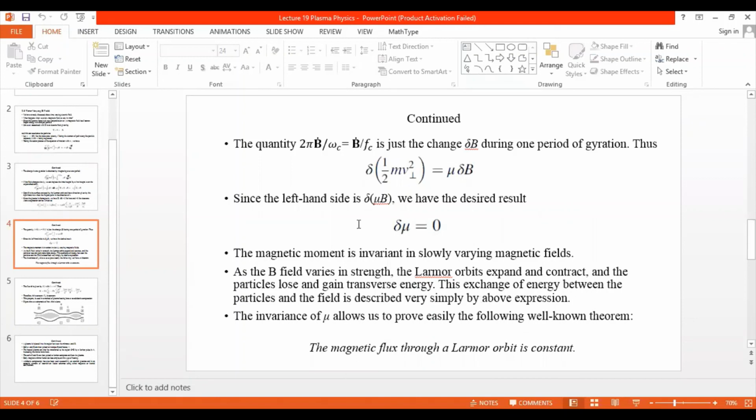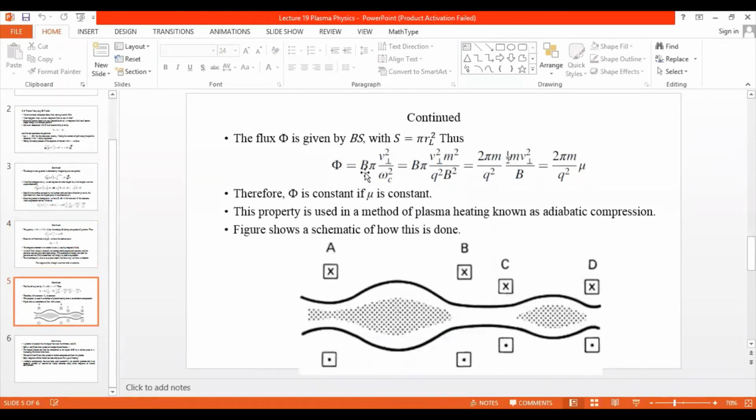So the invariance of mu allows us to prove easily the following well-known theorem, that is, the magnetic flux through a Larmor orbit is constant, and we can prove it as we know that phi equals B into S, and we know that S is pi r squared.